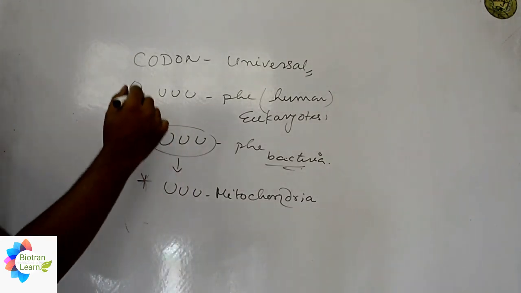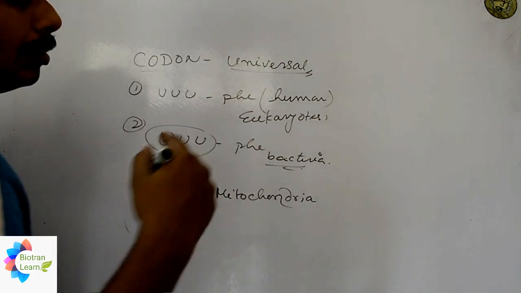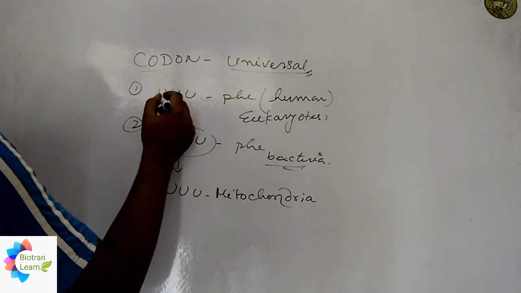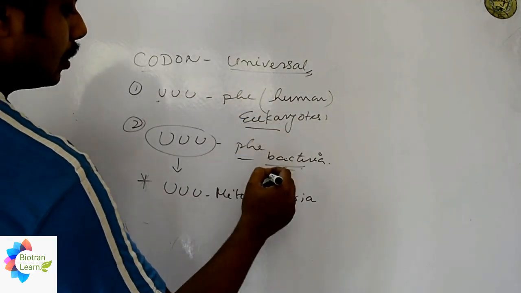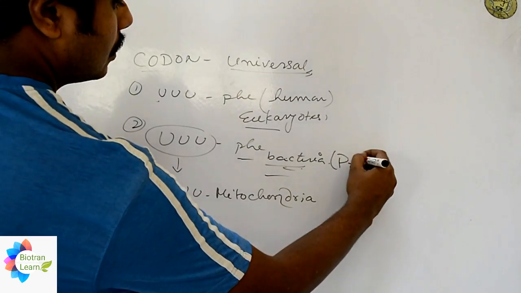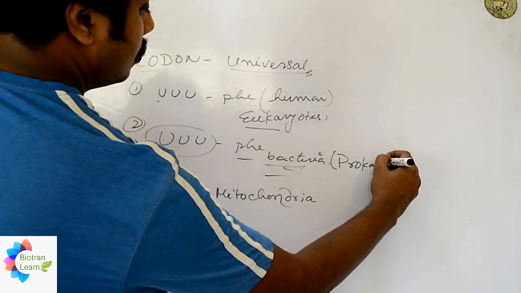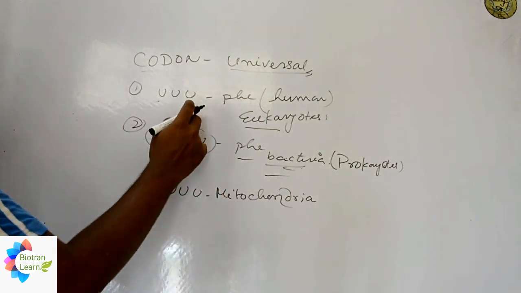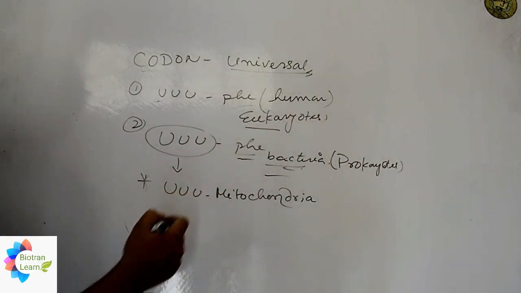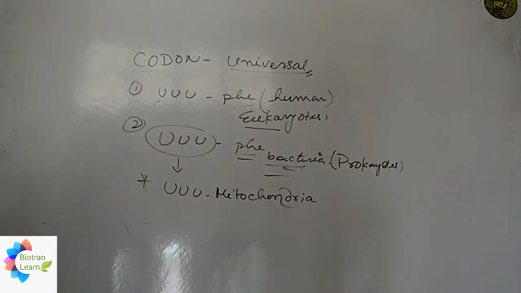So codons are universal. Why? Because in case of both eukaryotes and prokaryotes, they produce the same kind of amino acids. That's why they are called universal codons, right? Okay, so let's move on to our next section.